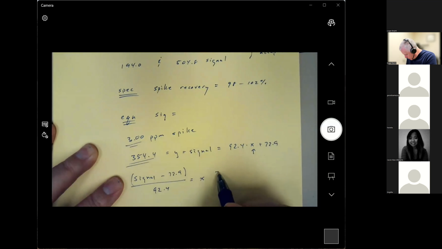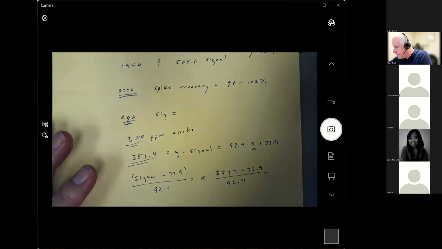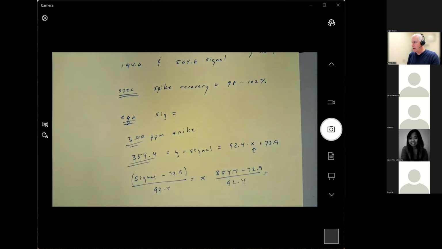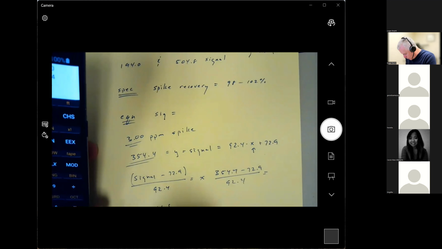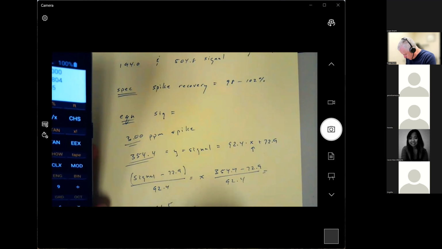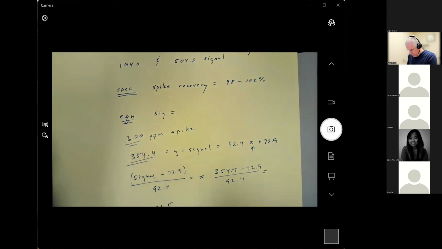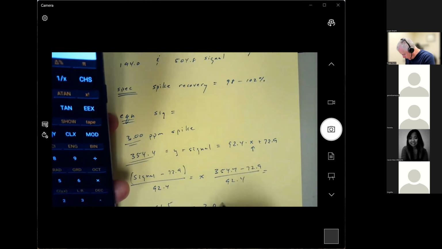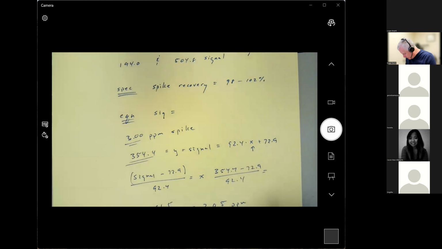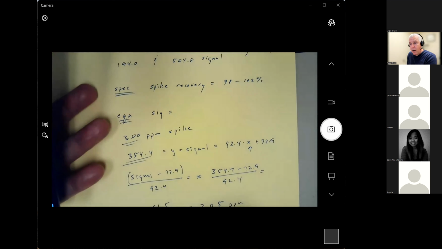And so we're going to put in 354.4 minus 72.9 divided by 92.4, and that will equal 281.5 divided by 92.4, which will equal 3.05 ppm, right?